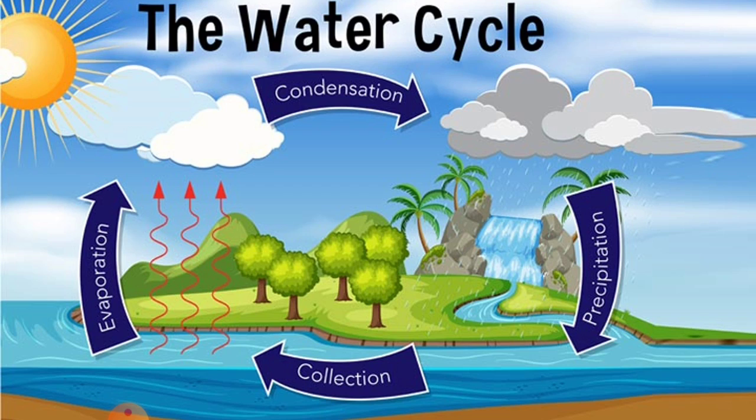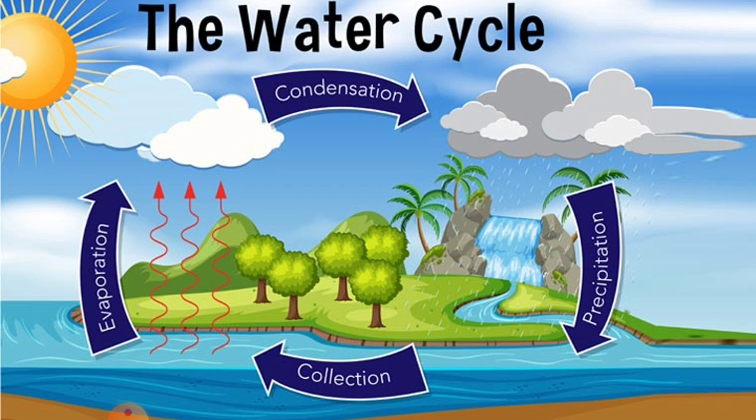Condensation is the process of water vapor turning back into liquid water. What is precipitation? It is rain or snow or sleet, any kind of weather condition where something is falling from the sky. Children, this is the water cycle.